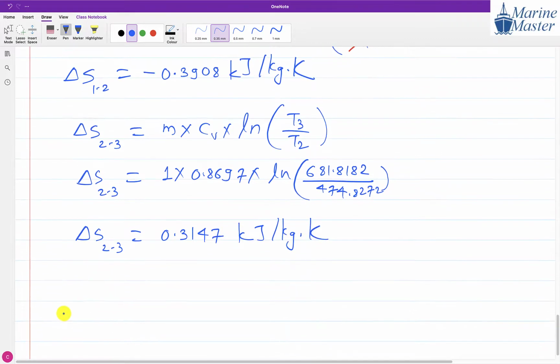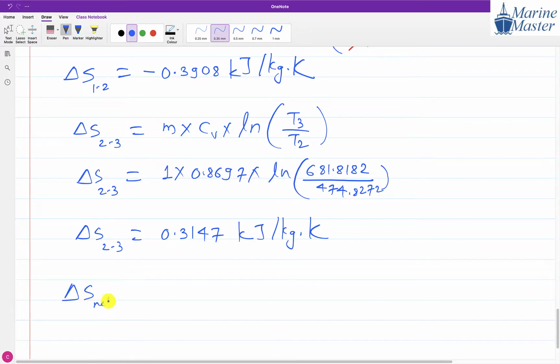And they are asking us delta S net. What will delta S net become?